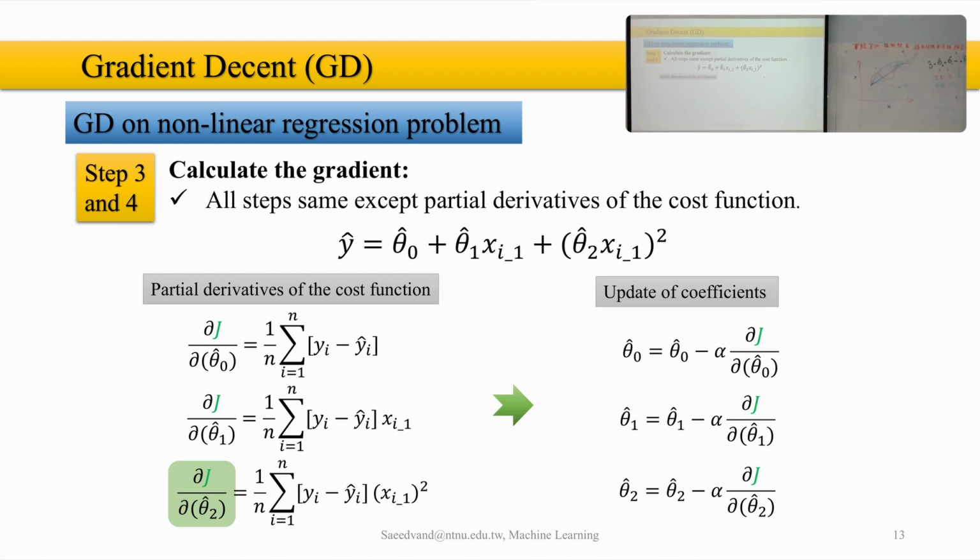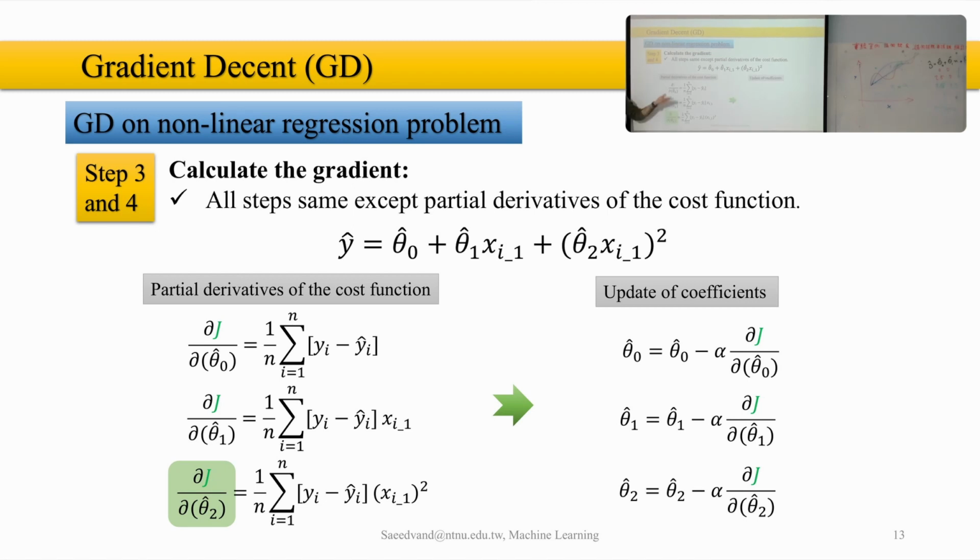We calculate the partial derivatives of the cost function 3 times. The first one is exactly the same. The second one will look like this. And the third one, that is new, will look like this. Here at the end, we have x i1 to the power of 2. So that is calculating the partial derivatives.